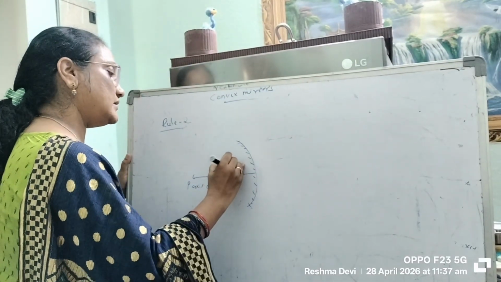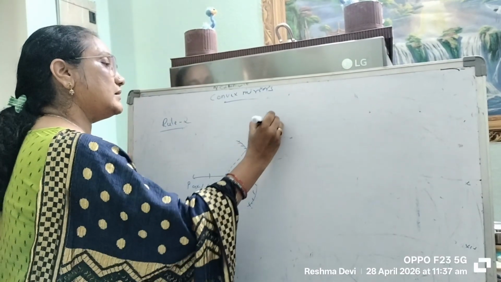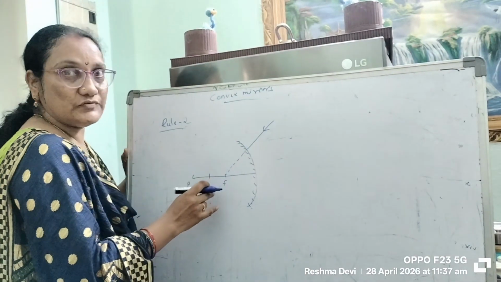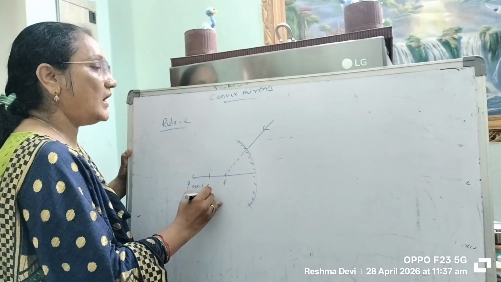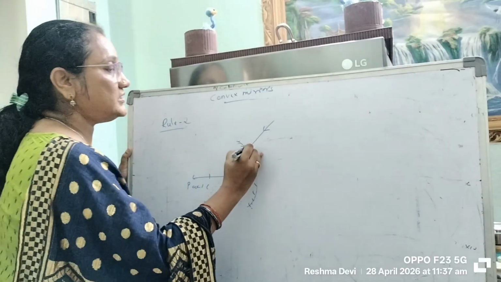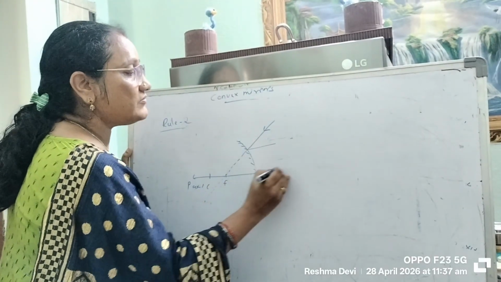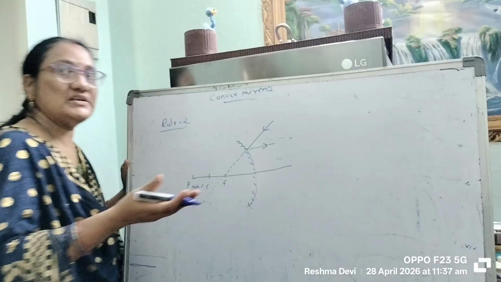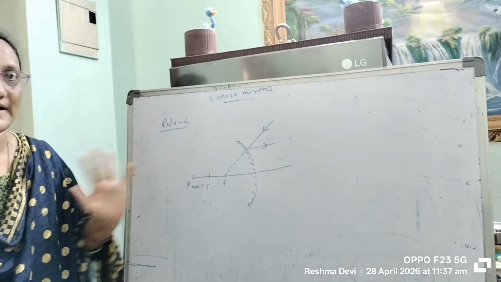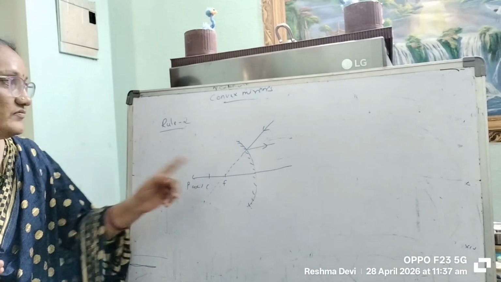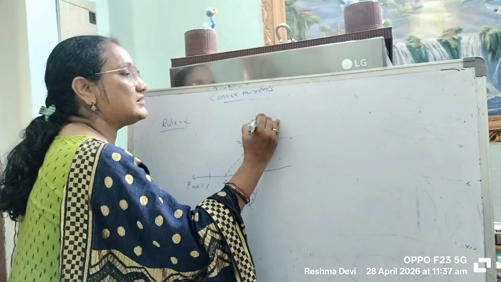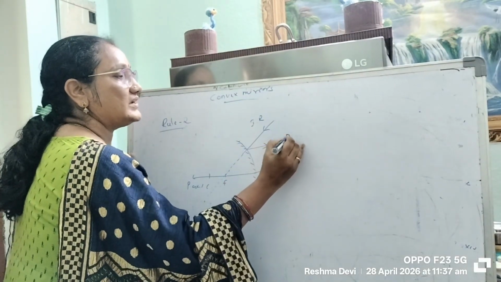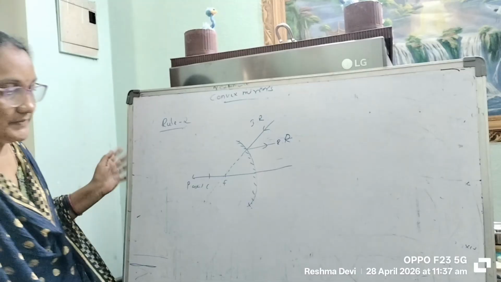Rays directed towards the focus, after reflection, travel parallel to the principal axis. The way of drawing the diagram is like this: after reflection, they travel parallel to the principal axis. Incident ray, reflected ray. That is rule 2.